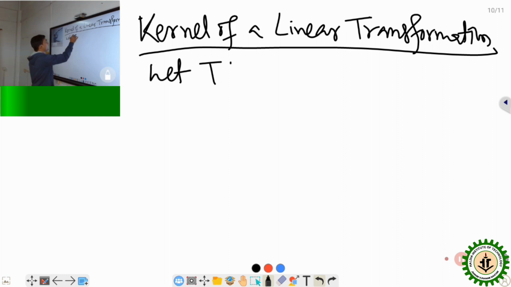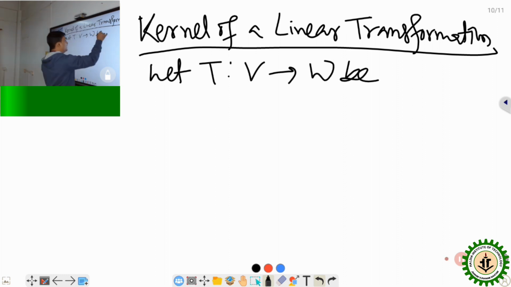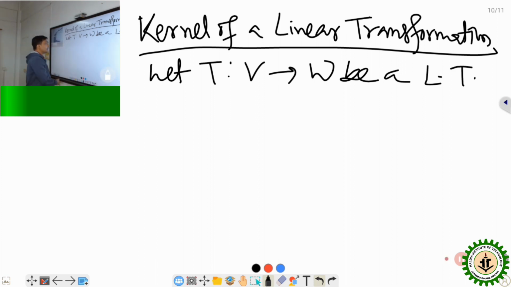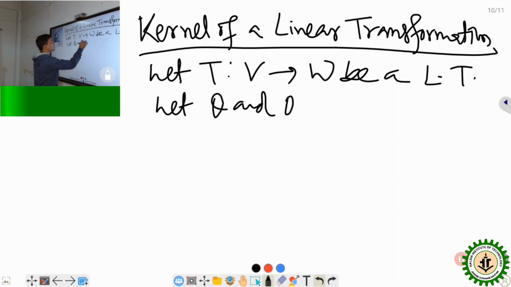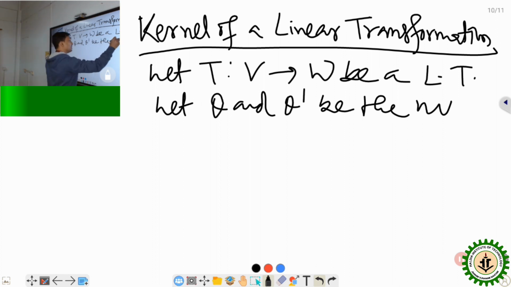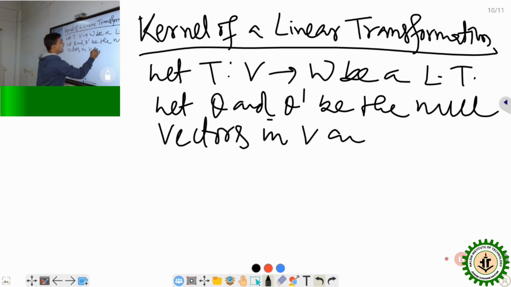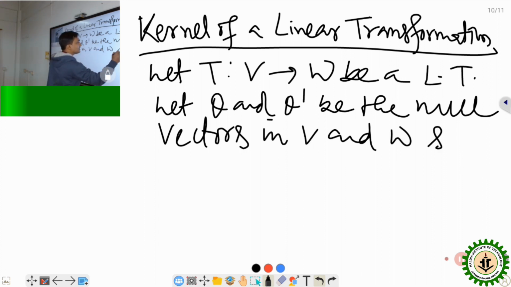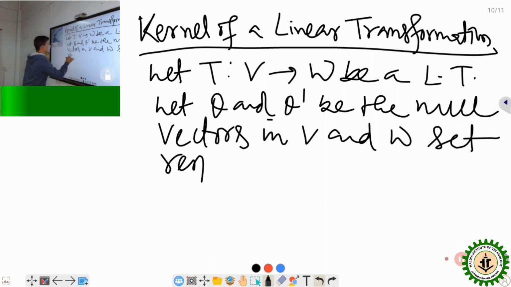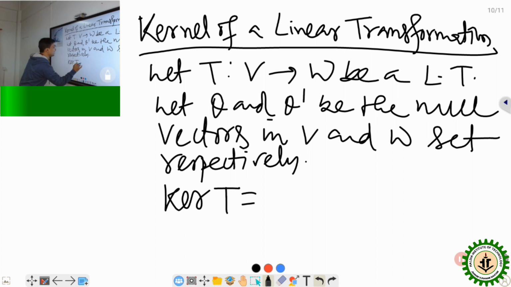Let T from V to W be a linear transformation, and let theta and theta dash be the null vectors in the sets V and W respectively. Then the kernel of the linear transformation T is defined this way.